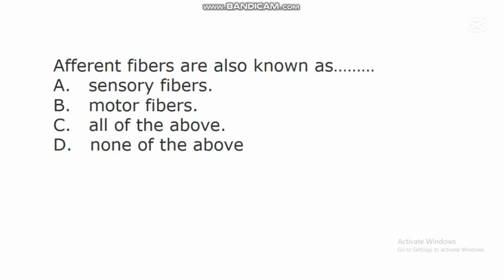In this question, the correct answer is A. Sensory fibers. These afferent fibers are also called sensory fibers because they have the ability of transmitting impulses from one part to another.